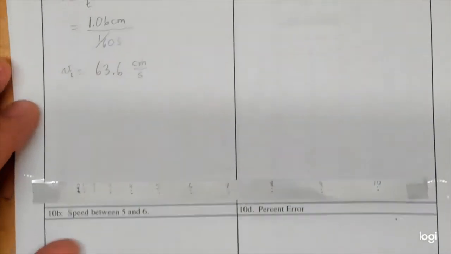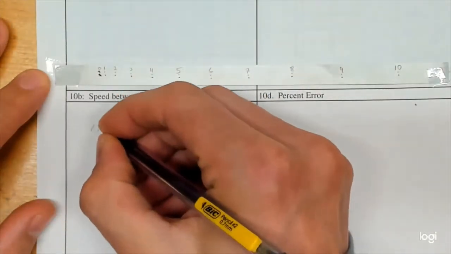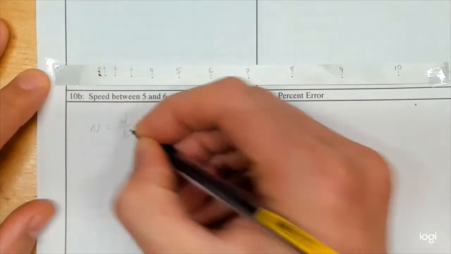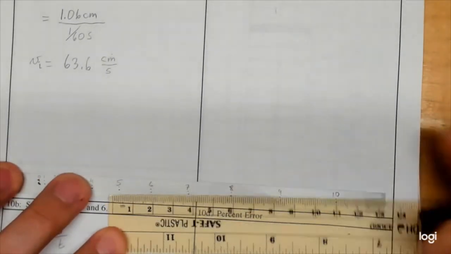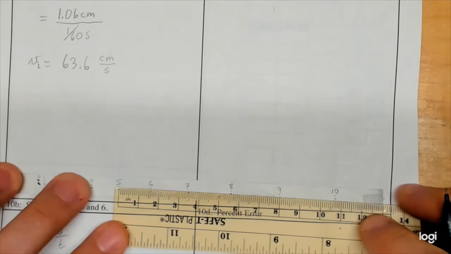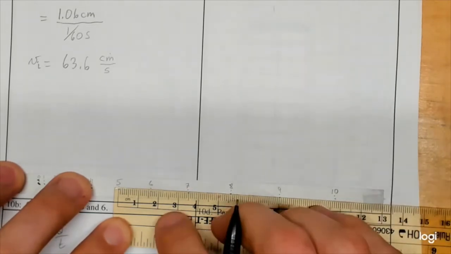Now, between 5 and 6, I've got to repeat the same process over here. So I have the same formula, v equals d over t, but now I have to measure between 5 and 6. So let's see, I've got 1.6, well, looks like to me right on the dot.